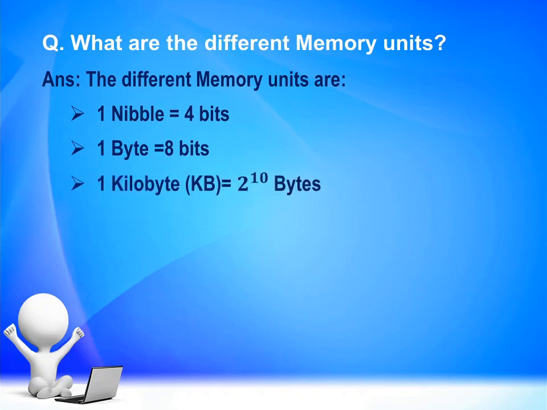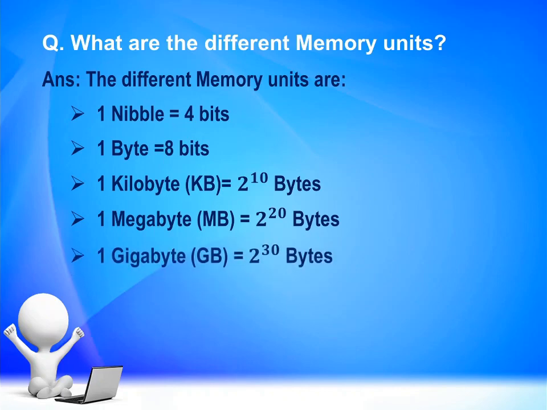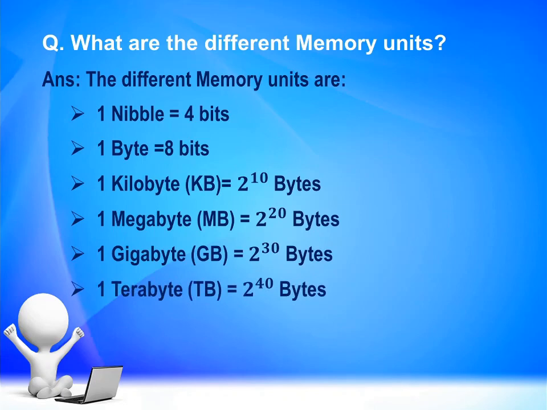Now, 1 kilobyte or 1 KB is equal to 2 to the power 10 bytes. 1 megabyte or MB is equal to 2 to the power 20 bytes. 1 gigabyte or 1 GB is equal to 2 to the power 30 bytes. 1 terabyte or 1 TB is equal to 2 to the power 40 bytes. And 1 petabyte or 1 PB is equal to 2 to the power 50 bytes.